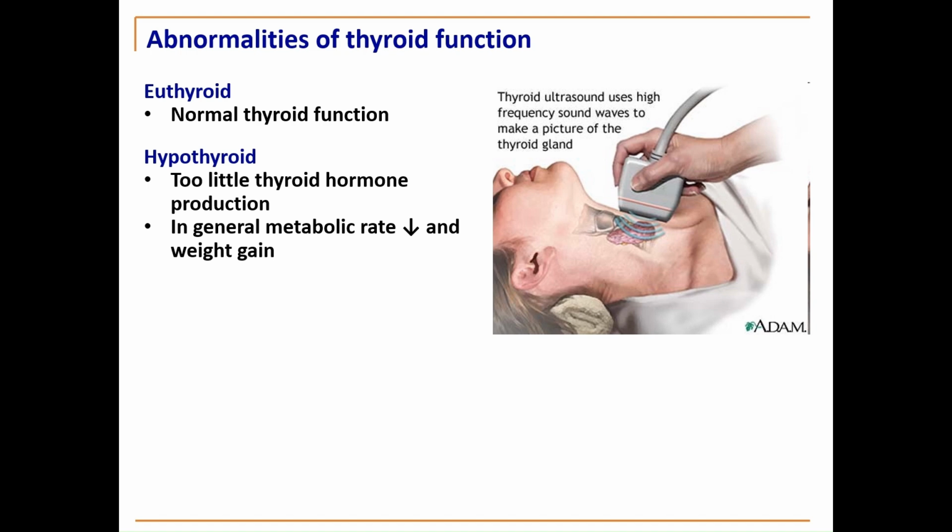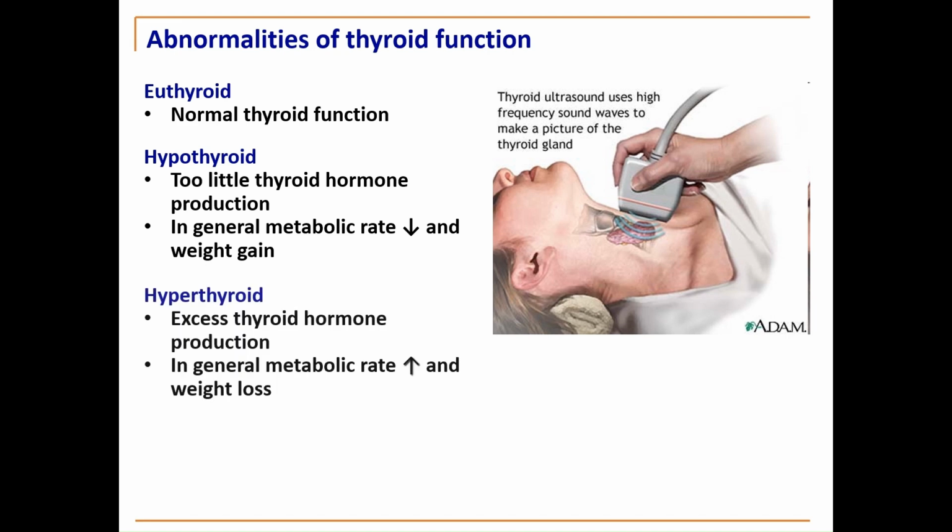Hypothyroid means insufficient thyroid hormone action. So in general, things like the metabolic rate goes down and patients may gain weight. And hyperthyroid, the opposite, of course: you have an excess of thyroid hormone production, and in general, metabolic rate starts to increase and weight loss will also likely occur.